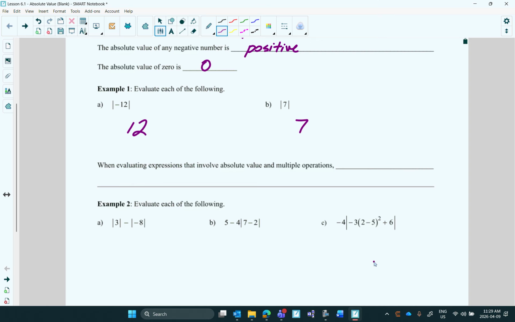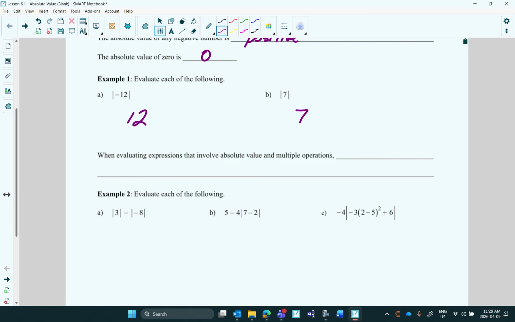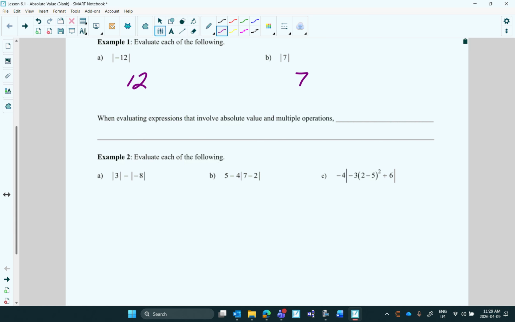So when they're standalone like that, it's pretty straightforward. But sometimes you may see them in more complex expressions, like you see down here. And when we have absolute value in an expression that we're evaluating, treat them like parentheses.